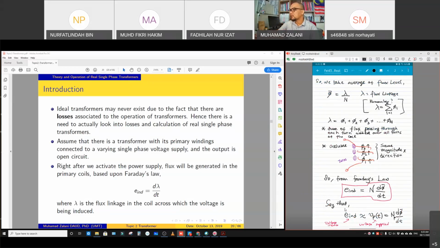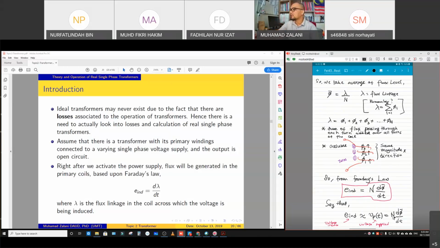So we assume that this induced voltage, because of the varying flux inside the turns at the primary windings, is the same as the applied voltage at the primary windings. So we can just apply this Faraday's law, which is induced voltage equals Vp equals Np d phi over dt.